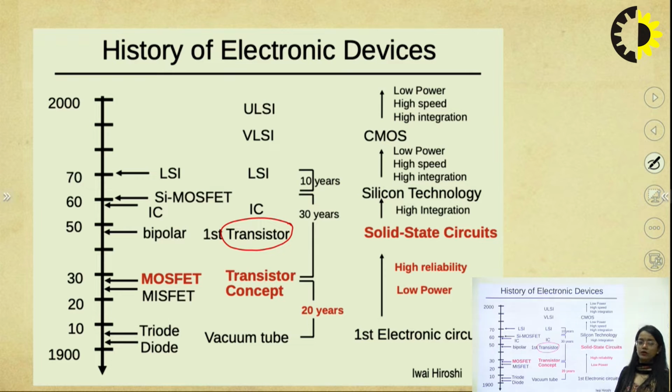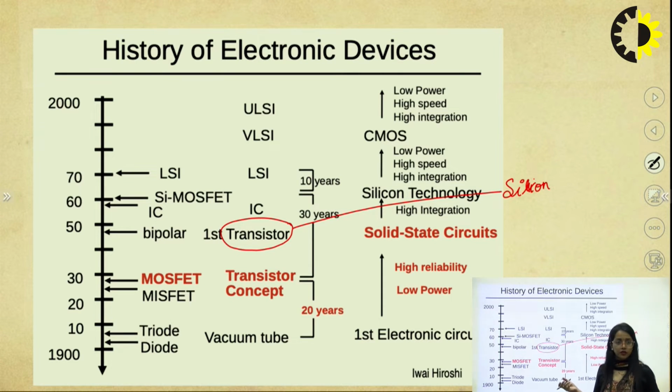And what is the raw product? The raw element which we have in nature for the transistor is silicon. Now from this silicon, how can I get the transistor?